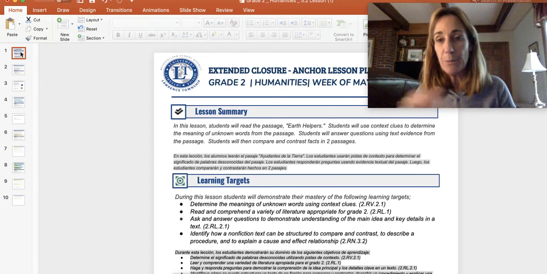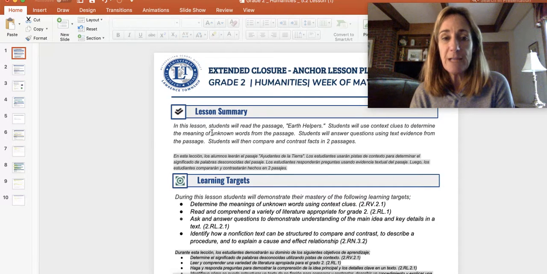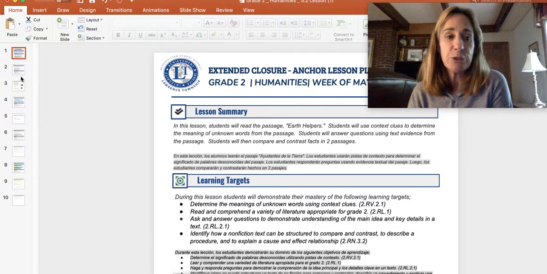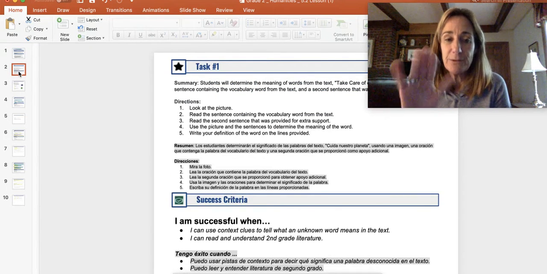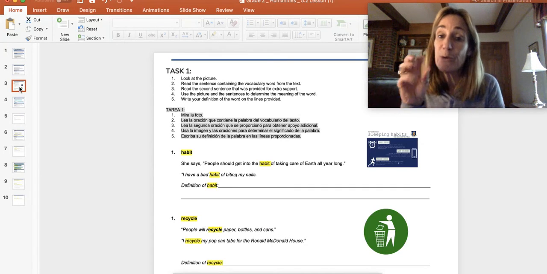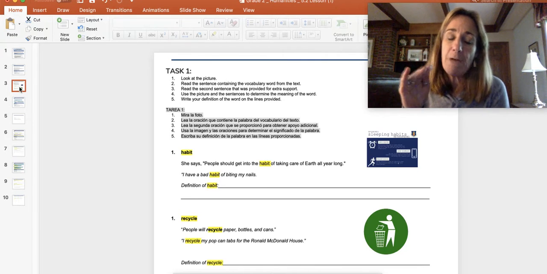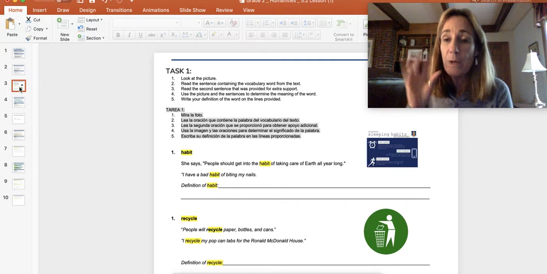So you're going to pull day 2 lesson, and it looks like this. It has a lesson summary and lesson target. You can take that page and put it to the side. Then there's another whole page of directions. You can set that aside. I want you to go to this page. It has these 2 pictures of 2 vocabulary words. One is habit, one is recycle.